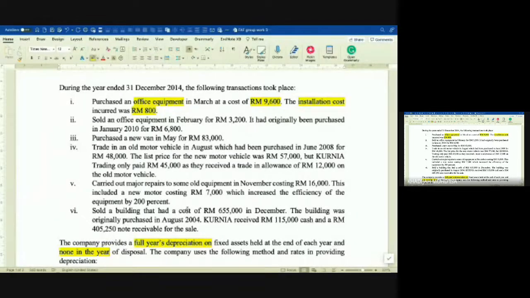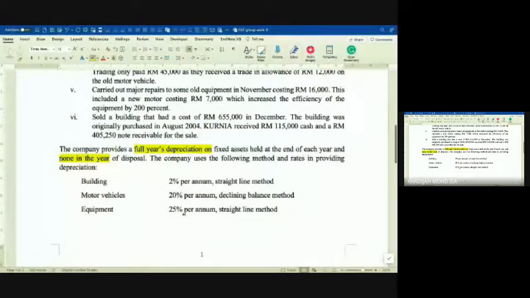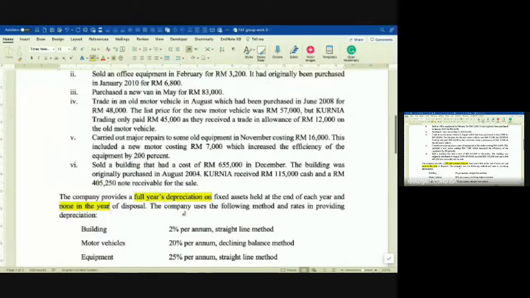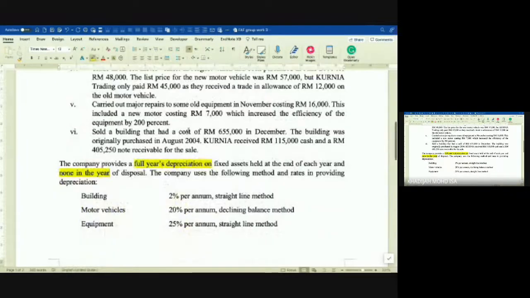Can you compute the accumulated depreciation for an office equipment purchased in 2010, now 2014? 2010, 2011, 2012, 2013, 4 years only. Equipment is 25% per annum straight line basis. The cost is 6,800 times 25%, that is 1,700 per year, times 4 years. 25% means that it's fully depreciated.